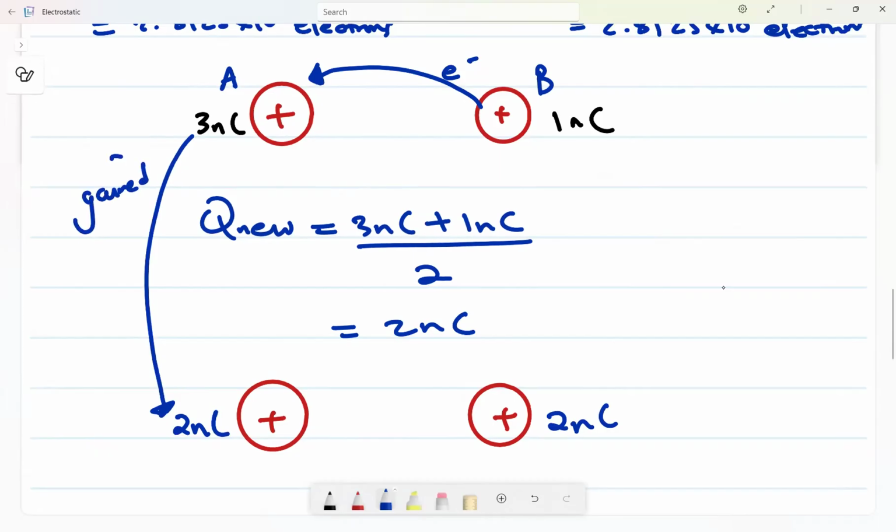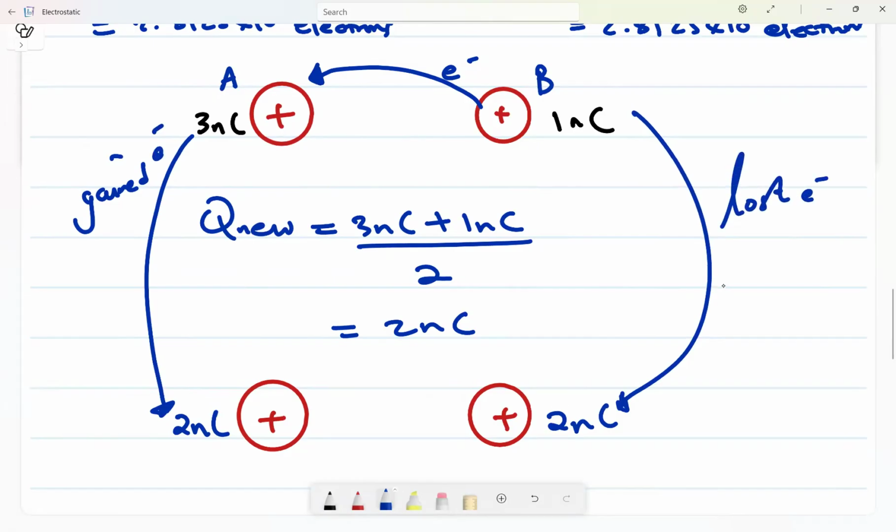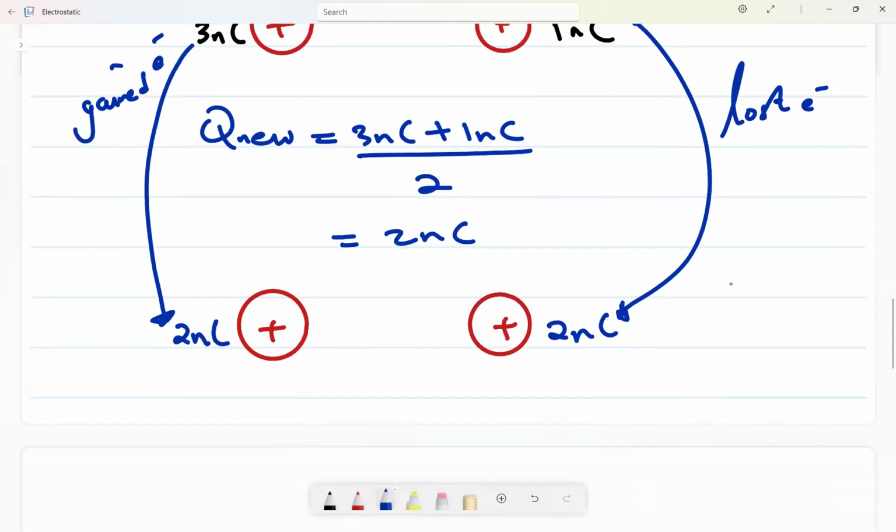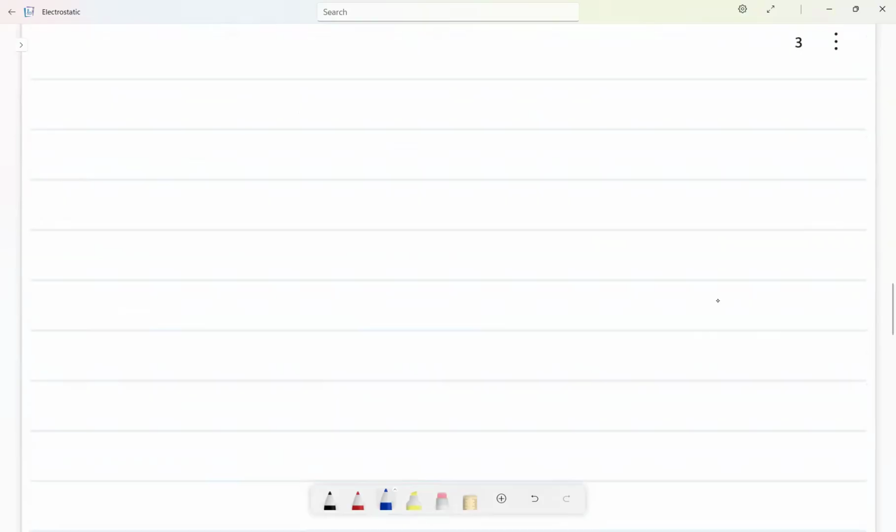Why? Because now its charge moved from more positive to less positive. This one lost electrons, because if you lose more electrons, you are gaining more protons. So this one lost electrons, this one gained electrons. Hence, I'm saying the electrons will move from B to A. That's all. Now let's move to Coulomb's law.